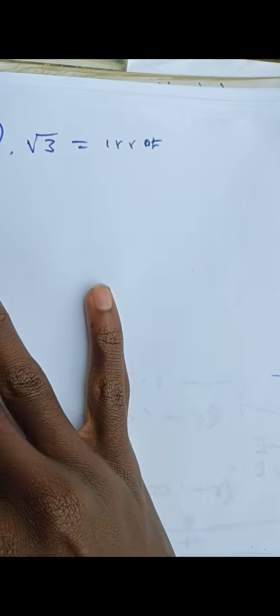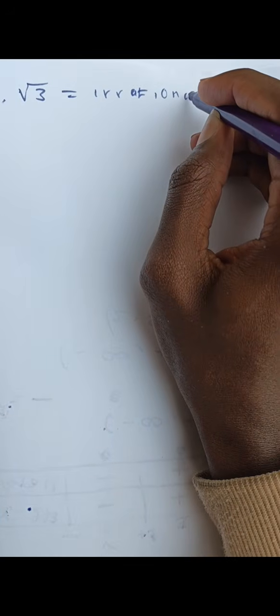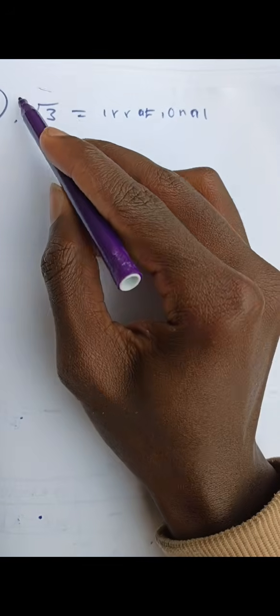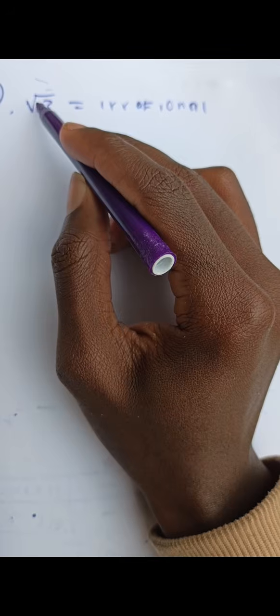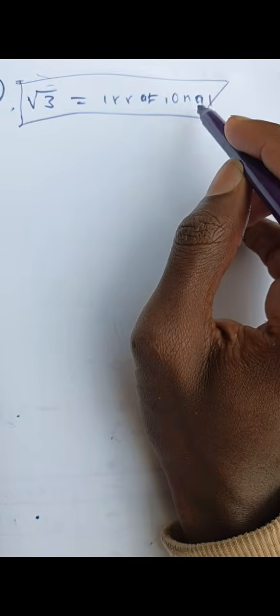That one has been proven. That's not what they want you to prove. Let me say that again. The first statement in the question is saying, given that square root of 3 is an irrational number. Already they are saying it is proven. We don't want you to prove that this is irrational. No. Because it has already been proven. That's what they mean.